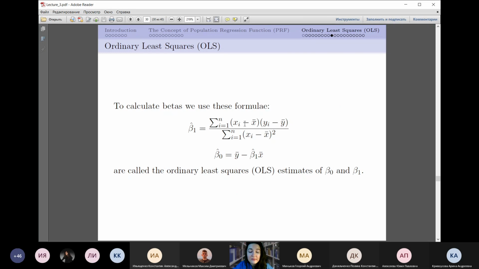So again, the main idea, how can we find the ordinary least squares estimator? We need to choose the regression coefficients so that the estimated regression line will be as close as possible to our observed values, to our observed data. This is our main goal.